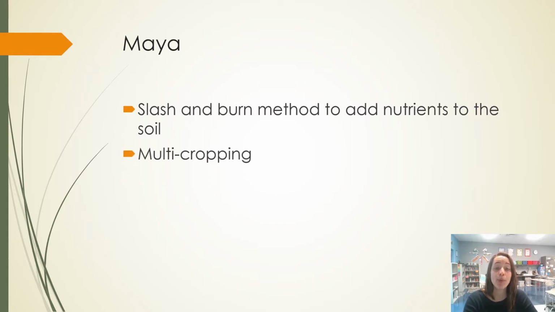Next, let's add multi-cropping. Excellent.